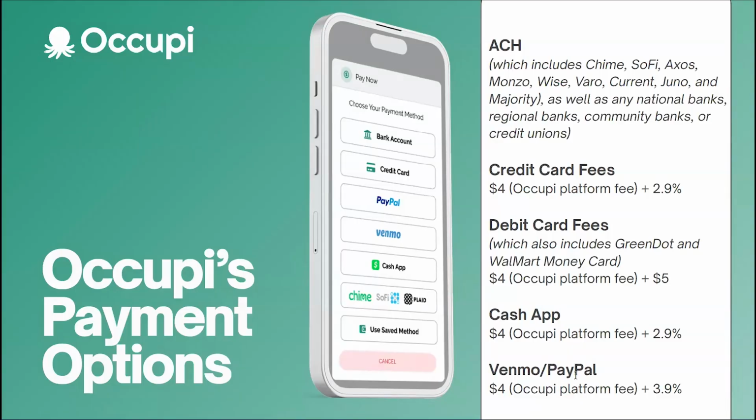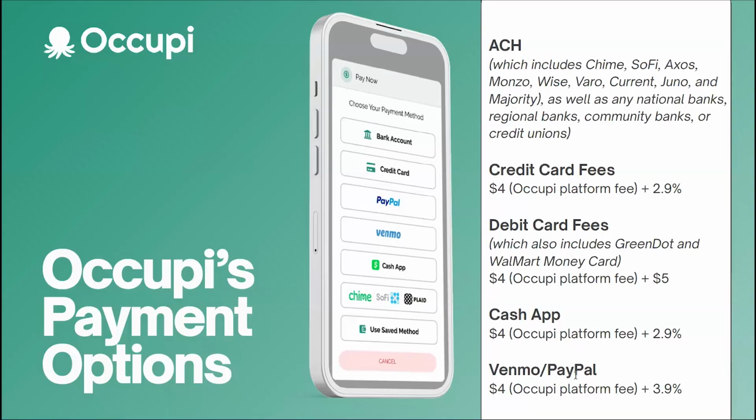We also, of course, accept credit cards. We accept any type of credit card unless a particular customer is limiting those. And what I mean by that is if you have a companion card, like a Chime card, you can also process that through Occupi. We can also process prepaid gift cards and non-traditional cards.